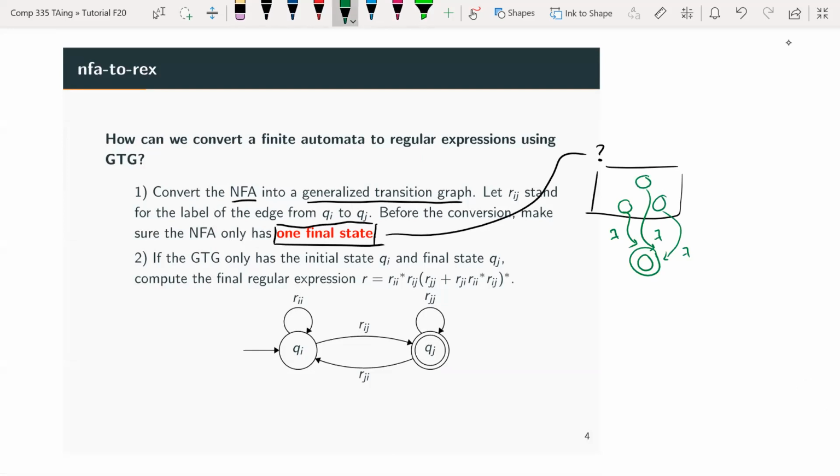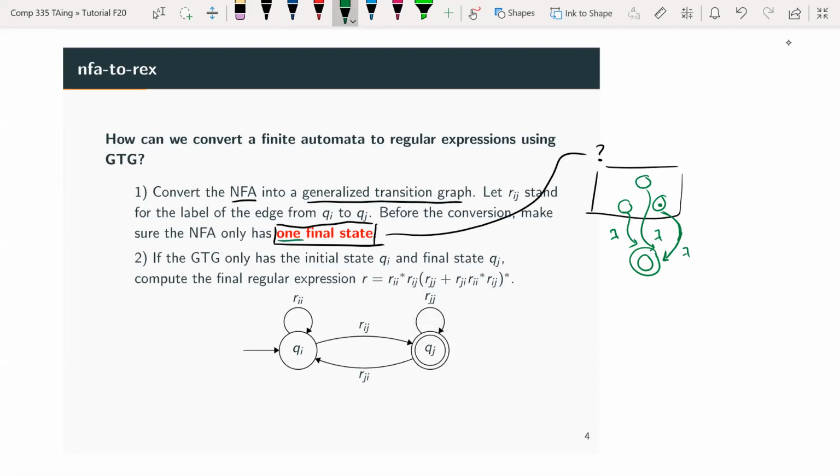Clearly it's equivalent, because if you end up here, you can use the lambda for free to go to your final state. You can technically end your string here, then just use the lambda to reach the final state. That's how you make sure there's one final state.